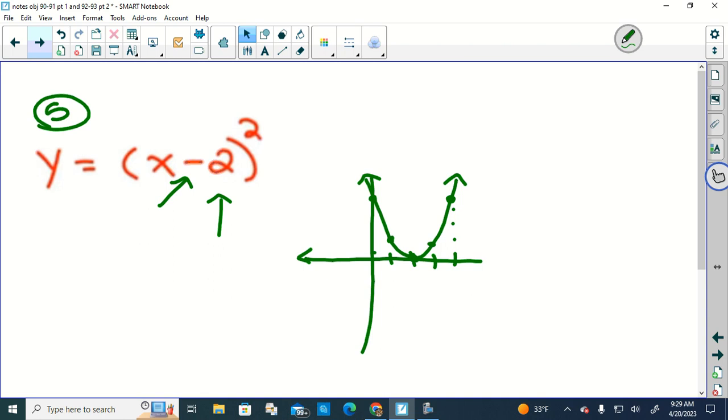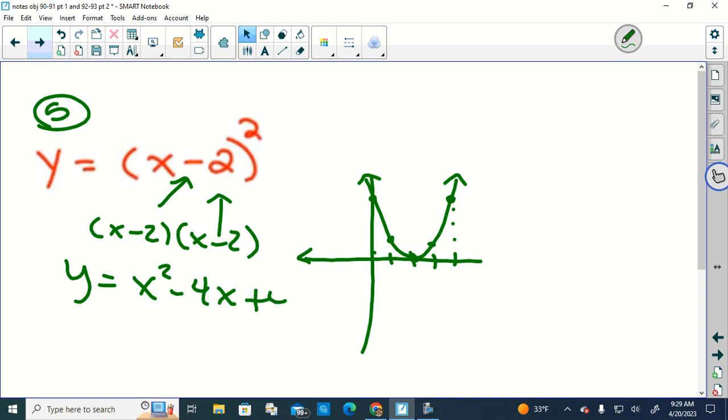Now we are not always going to have something that looks like this. If we were to write this out, it would be 2 parentheses with x minus 2 written twice. Really what we have is x squared minus 4x plus 4.